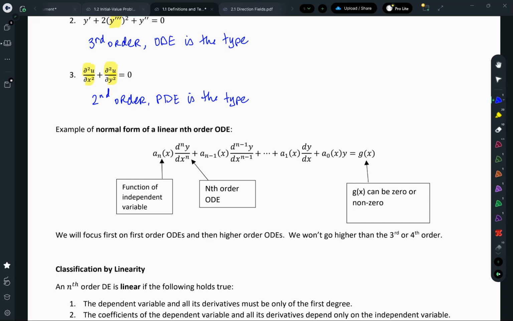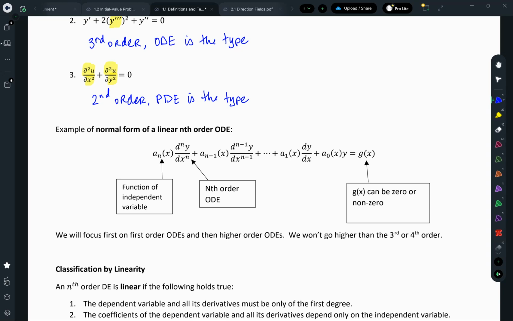And so when we want the normal form of a linear nth order ODE, we want the nth order derivative to show up. And the normal form means that we want it to not be split apart. We want the Leibniz notation. We want that fraction in there.